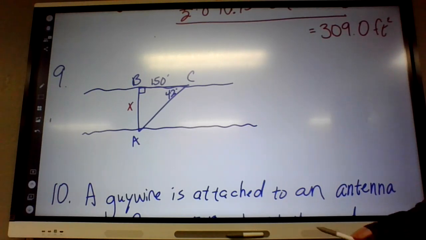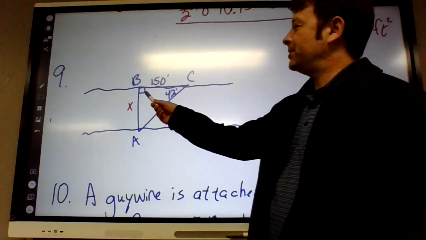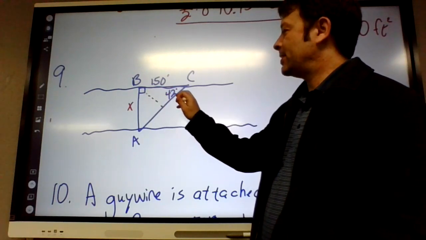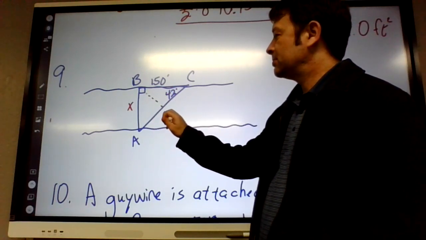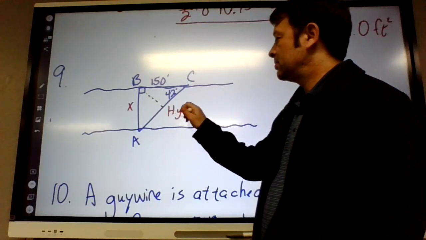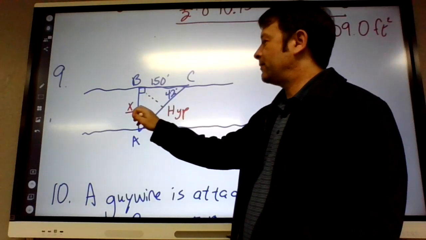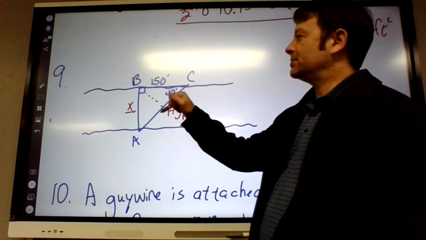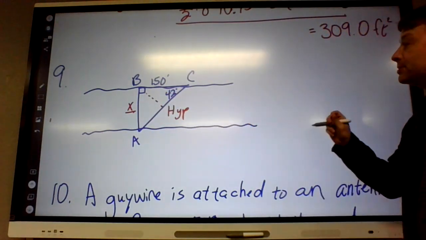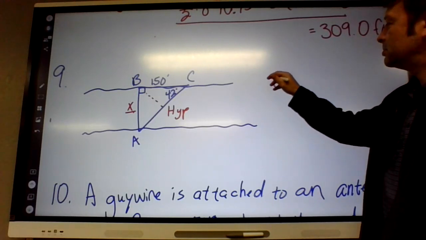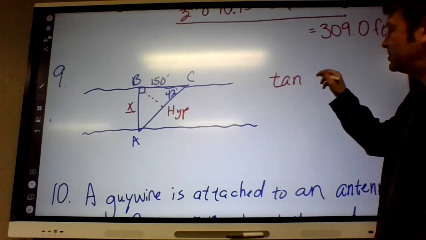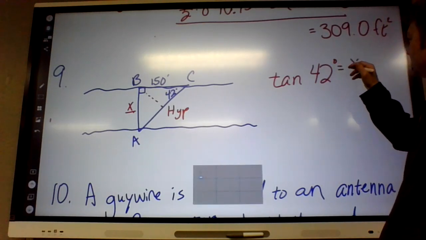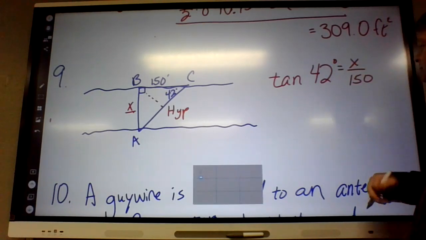You see the 90-degree angle, Emily? So that means this is the hypotenuse. So what's this side we're looking for? Opposite and adjacent. So that would be tangent of 42 equals opposite over adjacent.